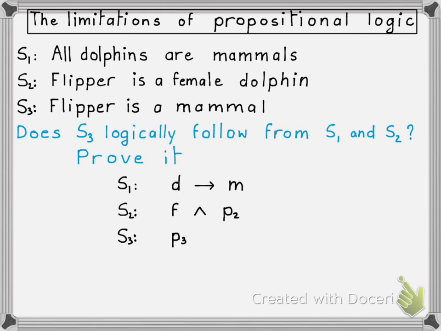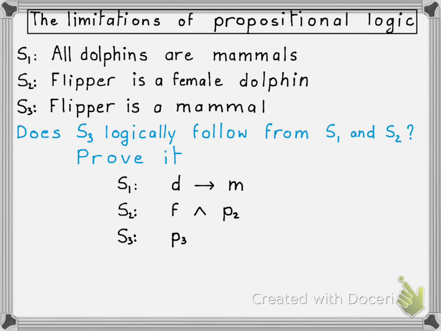It does not appear inside S1 nor S2. So intuitively, it seems impossible that S3 is going to follow from S1 and S2. How could you infer anything about P3 from S1 and S2 since neither one of those sentences even refer to or contain P3?